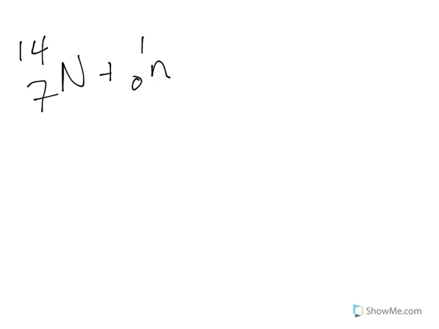It means it has no protons. Obviously a neutron is not a proton. So when this nuclear reaction happens, we just simply add to get to carbon 14 plus a proton, or a hydrogen nucleus.